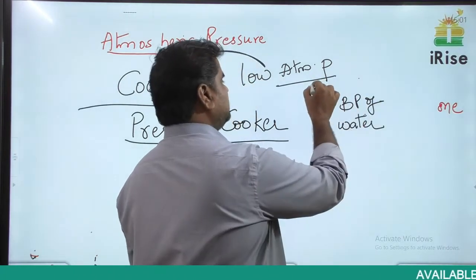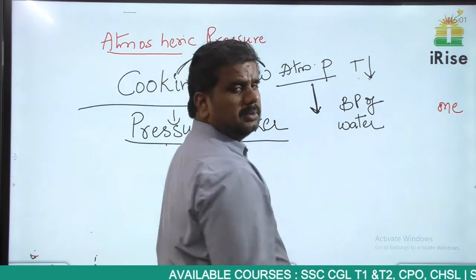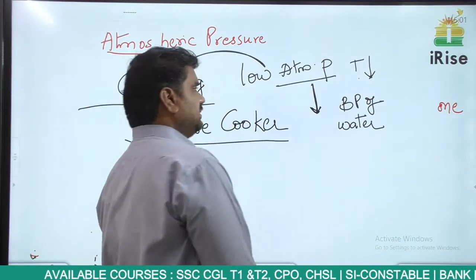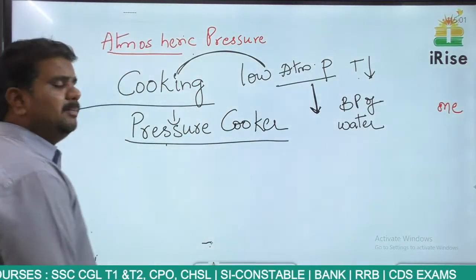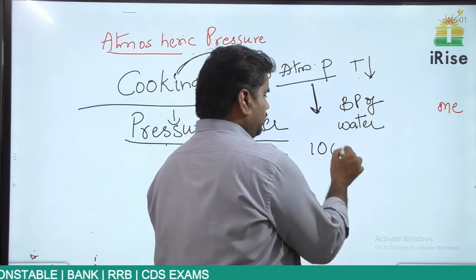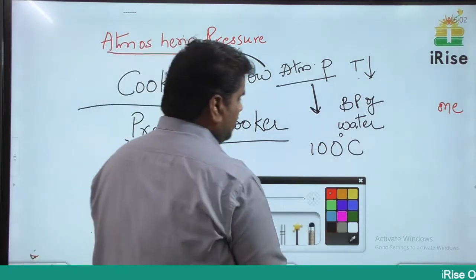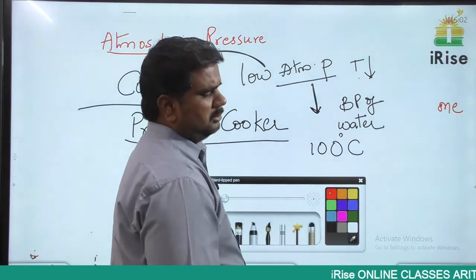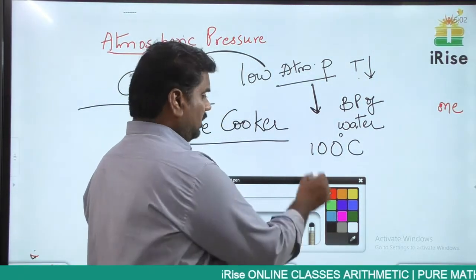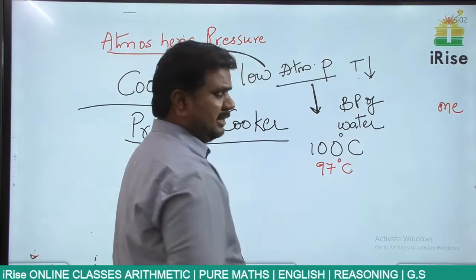Now we all know that as the atmospheric pressure decreases, temperature is also decreasing. At the same time, as atmospheric pressure is decreasing, the boiling point of water reduces. We all know that the boiling point of water is 100 degrees centigrade, but generally at elevated places like Kodaikanal or Ooty or Shimla, the boiling point of water is something around 96 or 97 degrees centigrade.